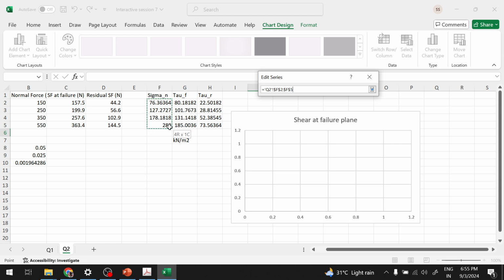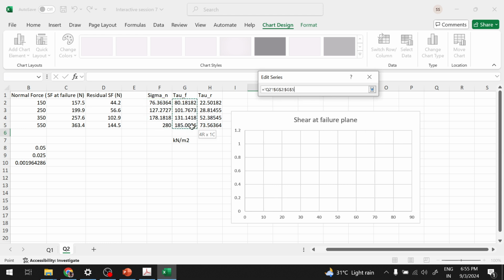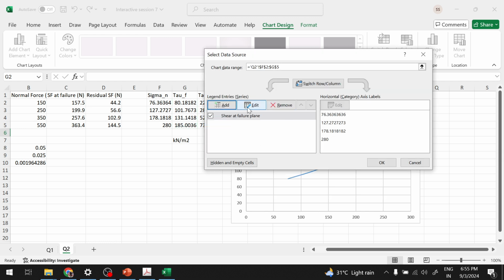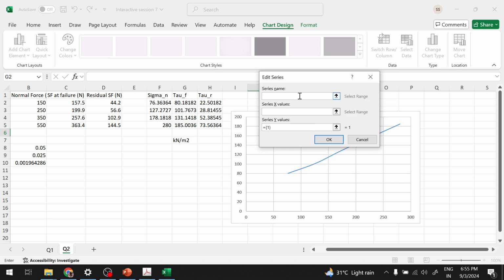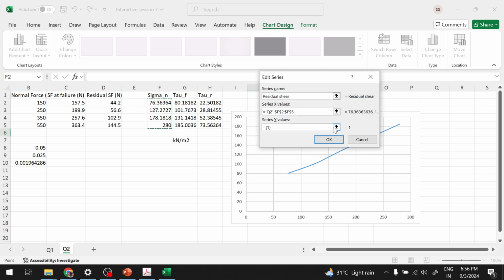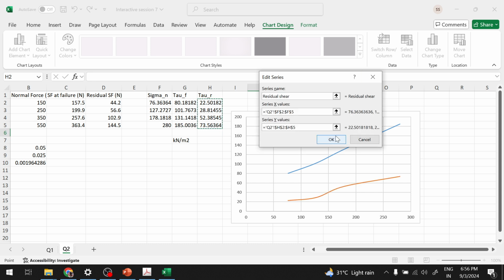X-axis will be sigma, y-axis will be tau at failure. Now we will add this, a residual shear. X-axis will be again sigma, and our y-axis will be tau.